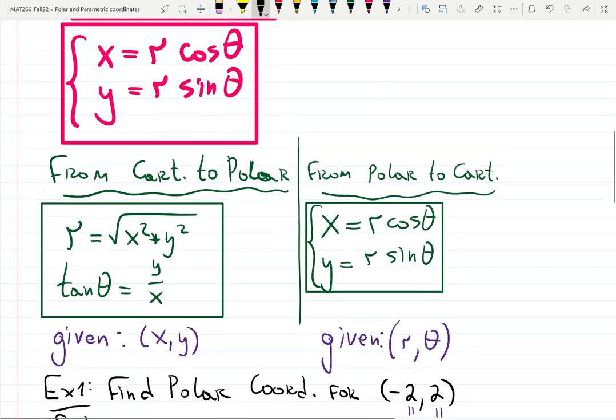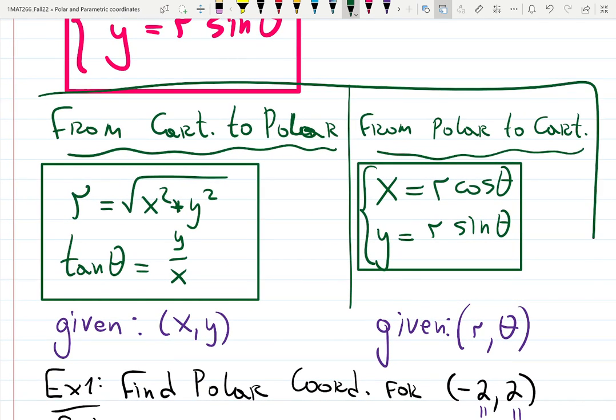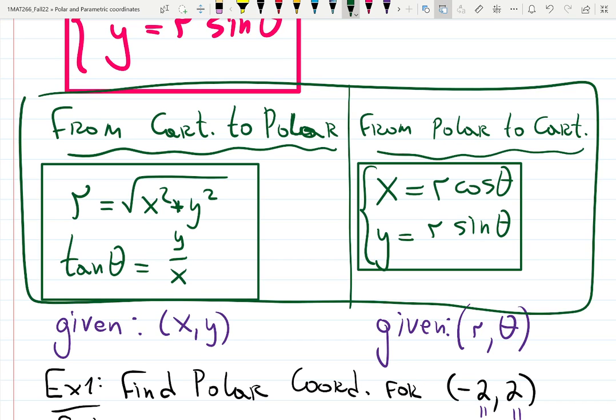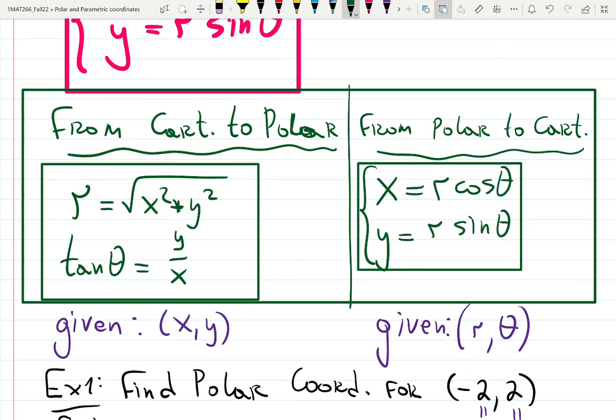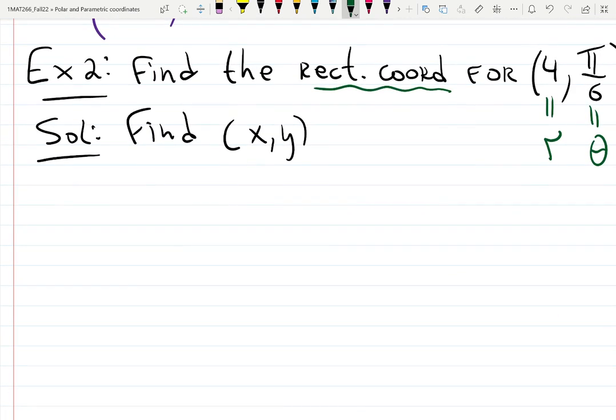This is the right-hand side of this table, which says how to jump from polar to Cartesian. Just write down x and y. Those are definitions: x equals r cosine theta, y equals r sine theta. Remember, cosine goes first. That is fixed internationally for polar equations.